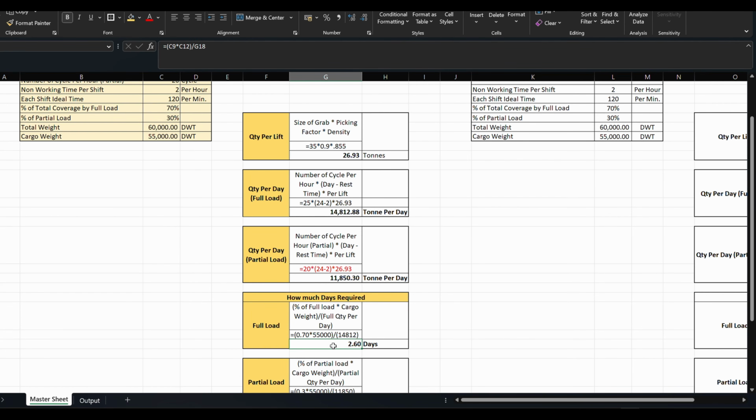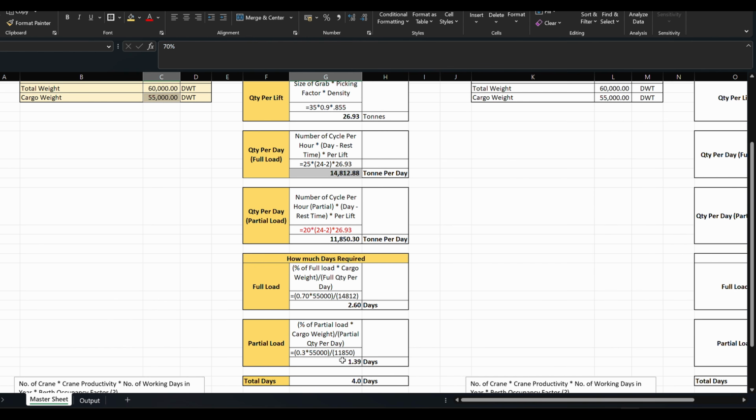So 70 percent times 55,000 divided by 14,812 gives about 2.6 days, more than 2.5 days.